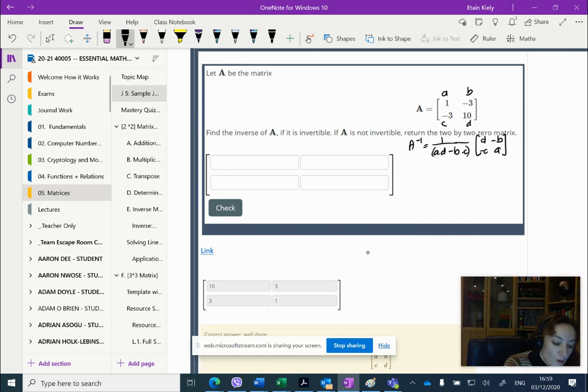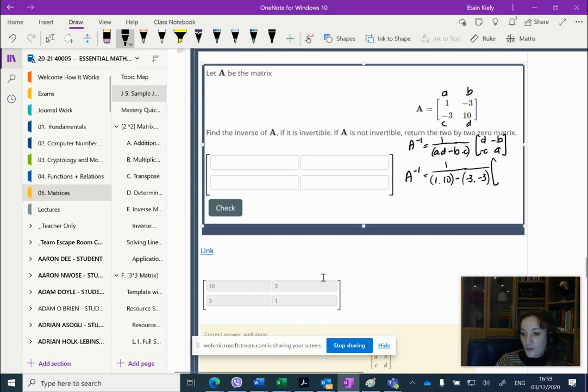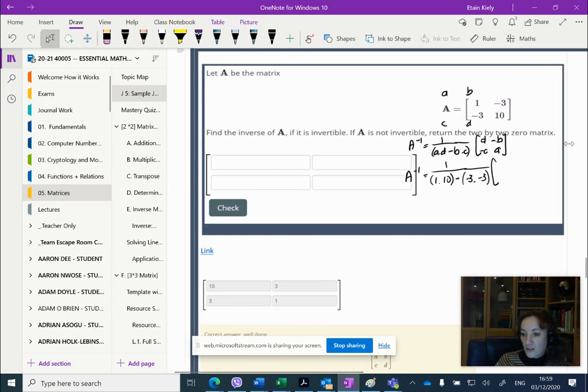So we have the inverse of A is equal to 1 over. A is 1 times D, which is 10, minus B, and remember it's minus 3, times C, which is minus 3 as well. And then I'll make this a little bit bigger so that we don't look like we're writing over stuff here.